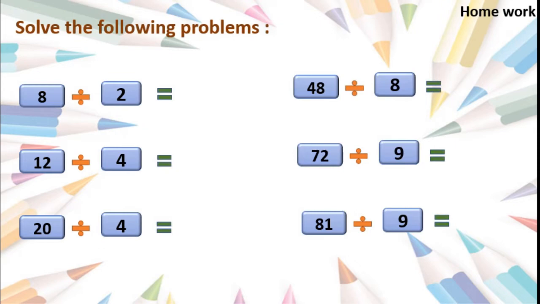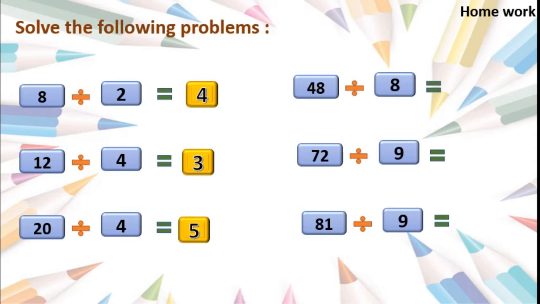First one, 8 divided by 2. The answer is 4. Please check your answers. Okay. 12 divided by 4. So 4 3s are 12. So 3 is the answer. 20 divided by 4. Here 4 5s are 20, isn't it? So 5 is the answer.